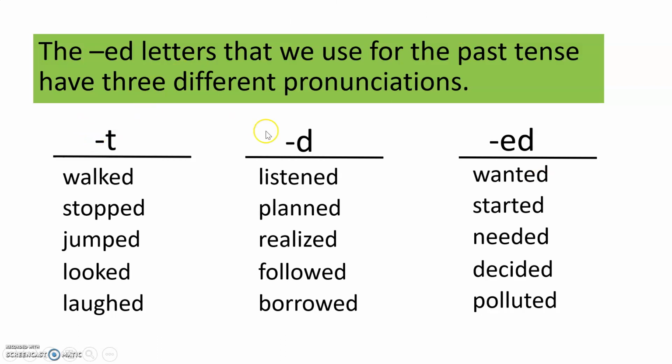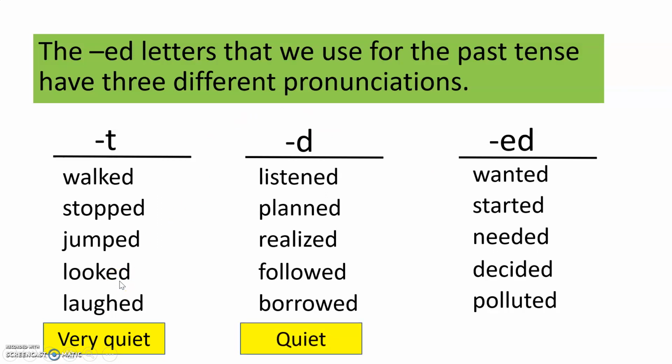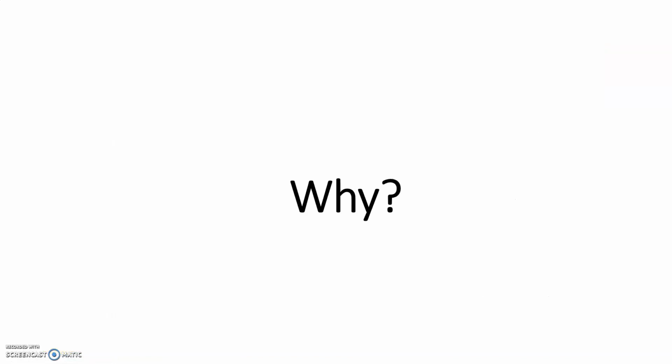In group 1 and group 2, I don't hear any sound coming from the E. But when I come to the third group, I hear ed. Another way to think of this is that group 1 is very quiet, group 2 is quiet, and group 3 is loud, like you add a whole syllable to the word.